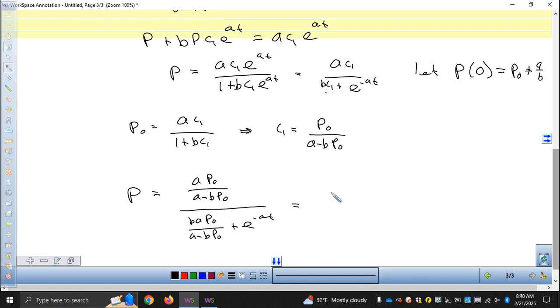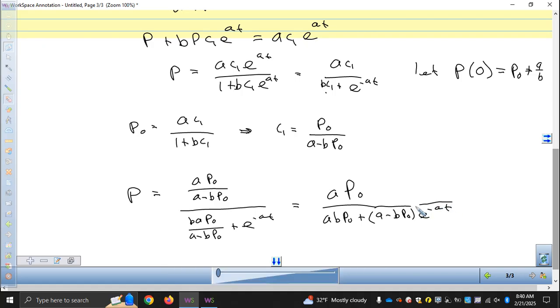And we end up finally with A P0 over B P0 plus, and I'm finding a common denominator here so I can cancel that (A minus B P0), (A minus B P0) e to the minus AT. So there's some algebra in there, some simplification. It takes a little bit of work.